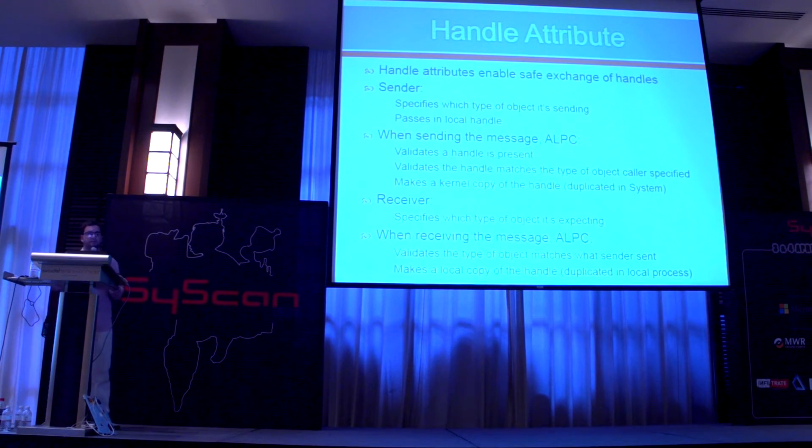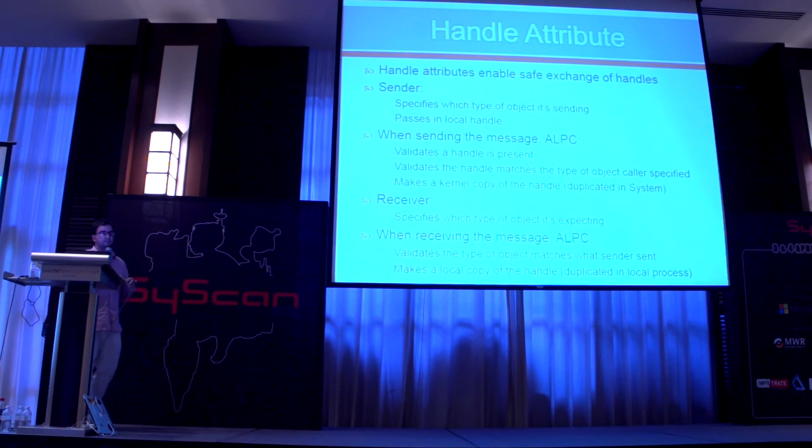The receiving side would then have to hope that 8 is still valid, might have been half an hour later, must hope that 8 is the type of object it expects to be. So maybe I want a process handle, but 8 is a thread handle. Well, too bad. Maybe 8 was valid, but then you closed 8 and you reopened 8. So now 8 is some other object. With LPC, I didn't know any of this.